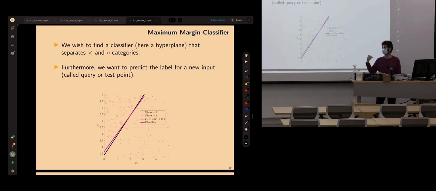So when I call it hyperplane here, it's really just a line, right? Just for emphasizing that this is true for n dimensions too. So we want to find a classifier, here a hyperplane, that can separate two different categories that we have here.